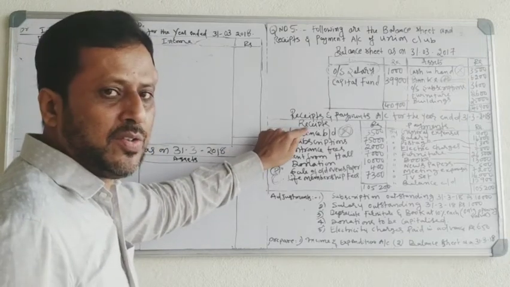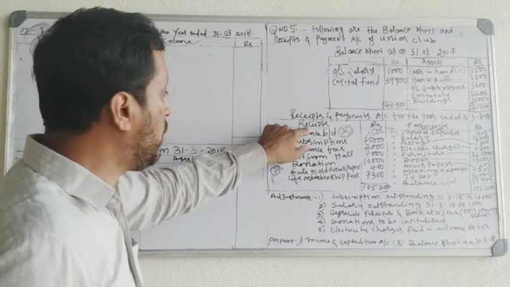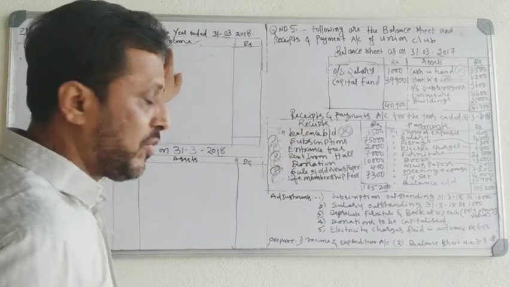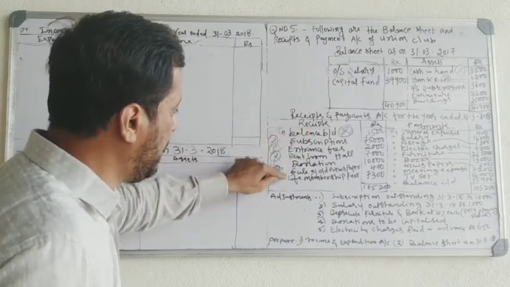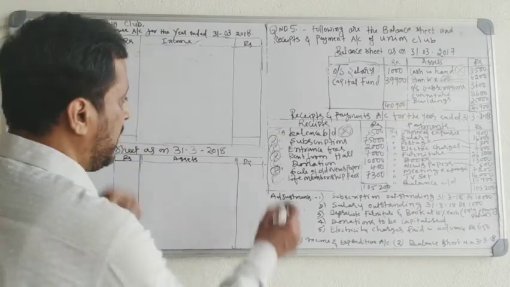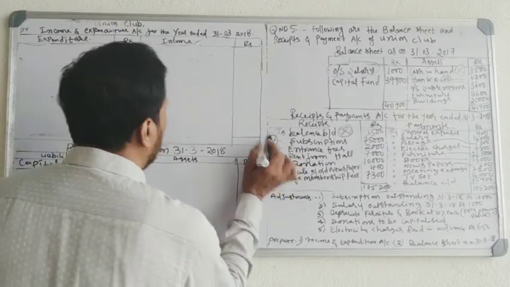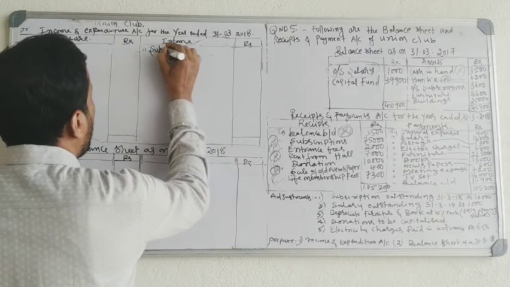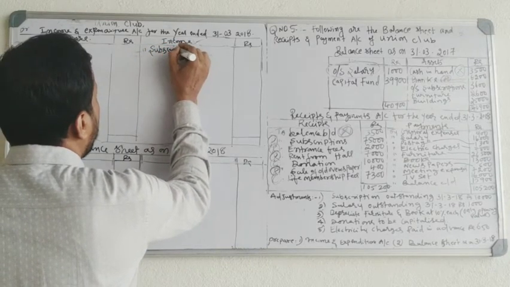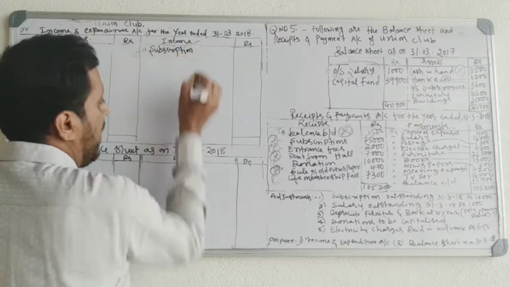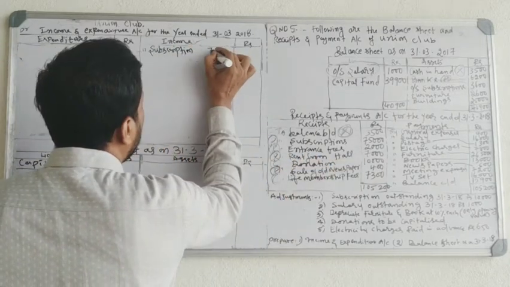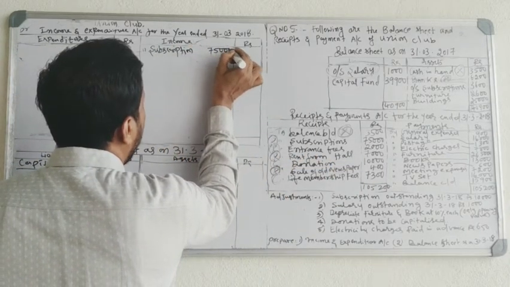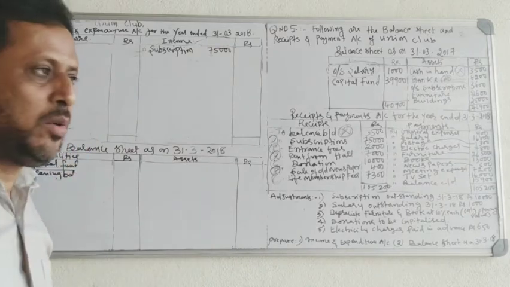Receipts means incomes. You have to show them on the income side. So you have to take from this only revenue receipts. Subscription is revenue. So take it, subscription. Amount of subscription is 75,000. What we have to do?